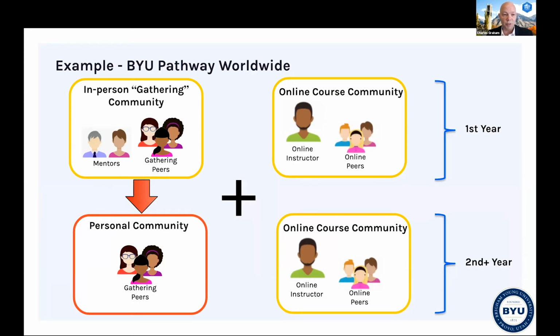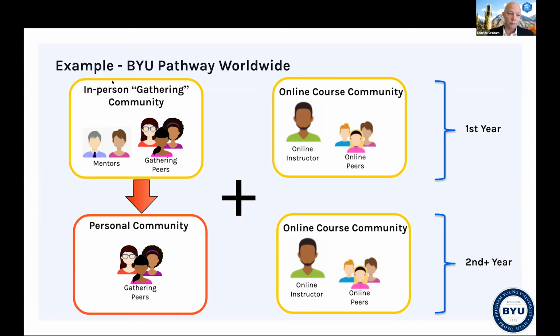At our institution, BYU has created an institution that's called BYU Pathway Worldwide. And in this institution, it's geared towards helping students who have not been traditional college-bound students to become ready for college and to enter into the online learning world in college.